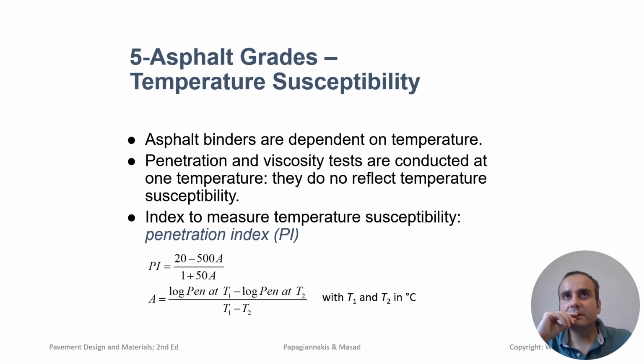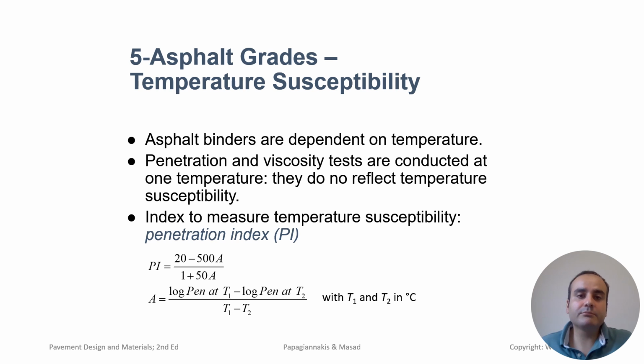The other factor that affects the temperature susceptibility of asphalt binders is the penetration index. The penetration index is a measure of a binder's temperature susceptibility. It is calculated based on the penetration values at different temperatures.